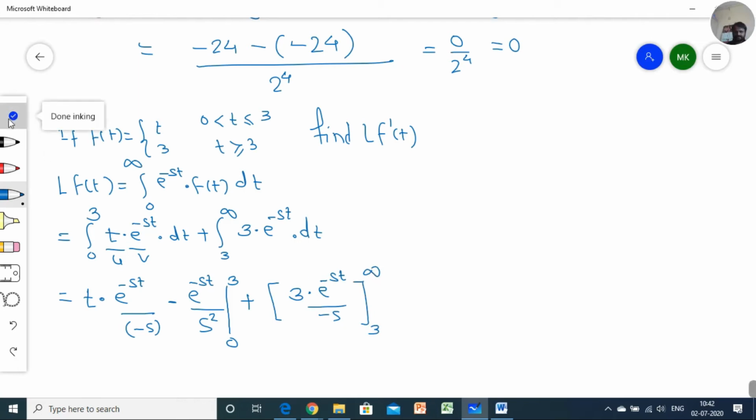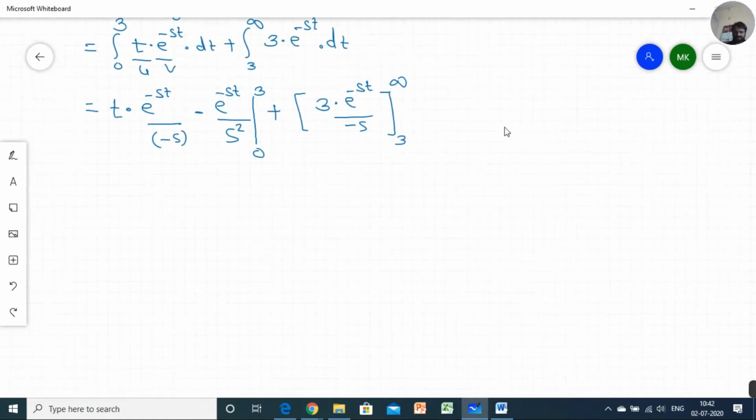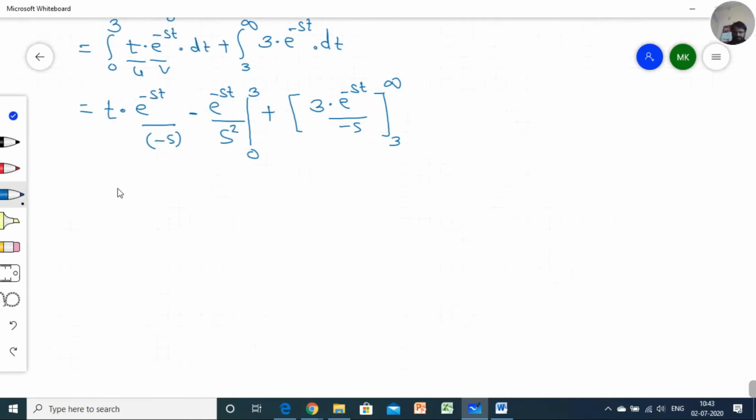After simplification you will get upper minus lower limit. While substituting the upper limit I get 3 into e raised to minus 3s by minus s, minus e raised to minus 3s upon s square.